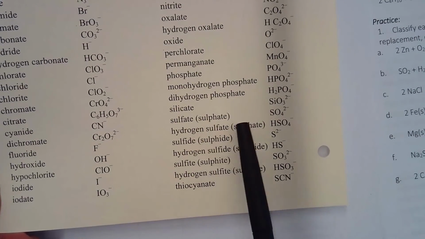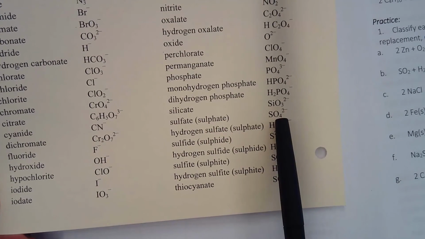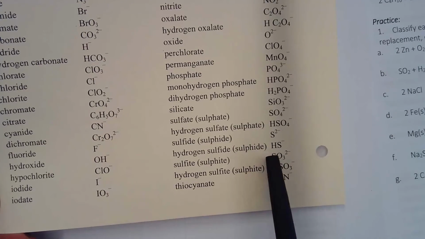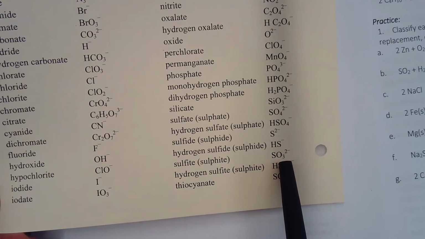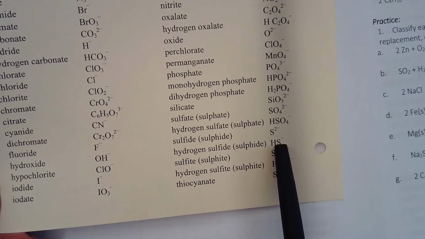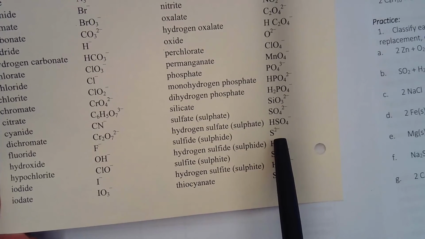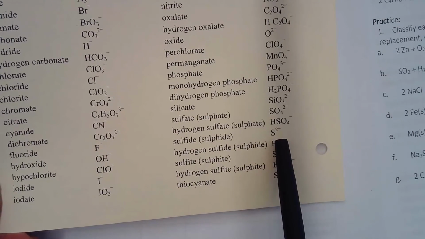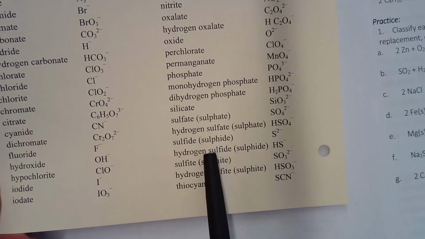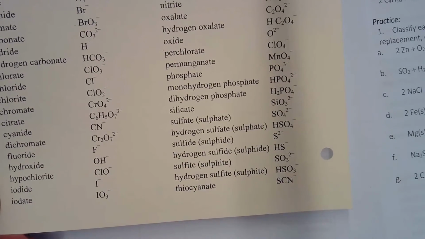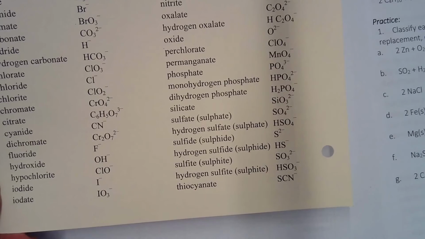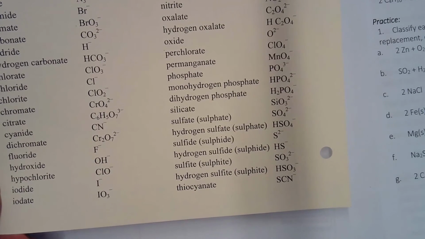So there's that one there. Sulfate is SO4 negative 2, and then your sulfite is SO3, right? And then you have sulfide, which is just negative 2. So be mindful of the actual word. There's a negative 2 charge, you use ide. And then sulfite is 3.